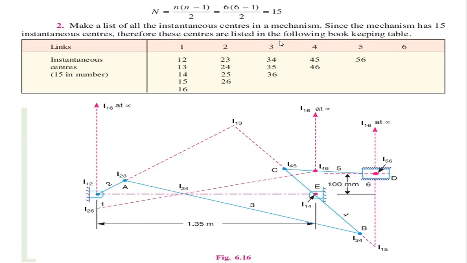Therefore we have located all these centers. From the third link 3 4, 3 5, 3 6, for the fourth link 4 5, 4 6, and the fifth link 5 6. The sixth link has none, because all the common ones are in the sixth link.